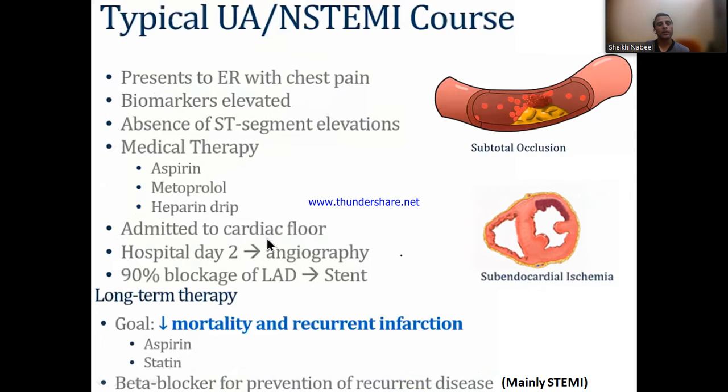That will prevent thrombosis of the stent. Okay, so dual antiplatelet therapy, which is aspirin and clopidogrel, which is a P2Y12 receptor antagonist. Okay, so long-term therapy in case of unstable angina or NSTEMI is aspirin and statin.